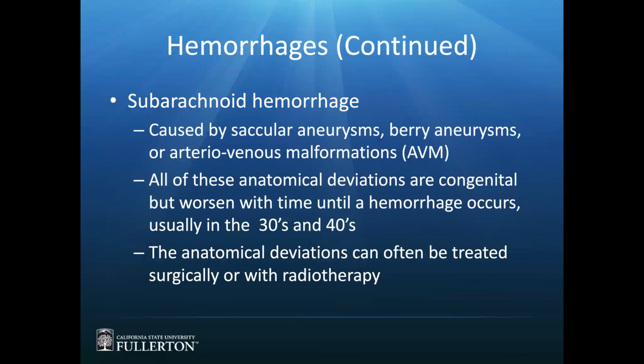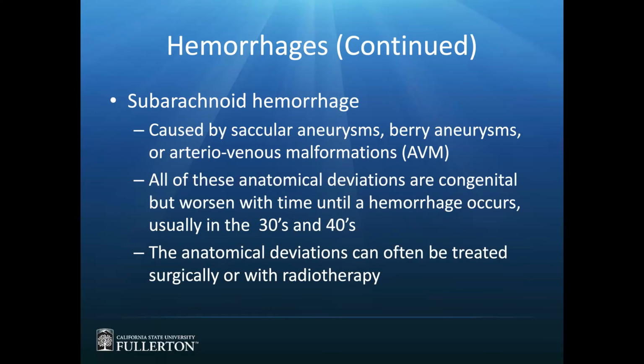Now we get to something which is a little different. This is a subarachnoid hemorrhage. The hemorrhage is not into the brain tissue, but into the subarachnoid space around the brain. And you can have that hemorrhage anywhere around in vessels that are on the surface of the brain, and blood will go everywhere. So if they did a lumbar puncture for such a patient, they'd find blood down there, even though the hemorrhage is probably up here.